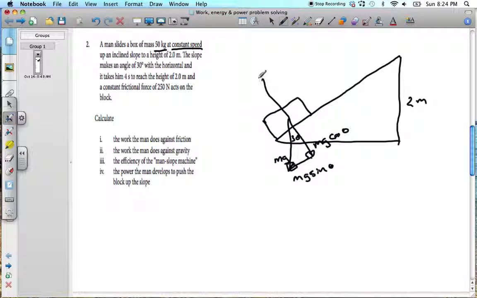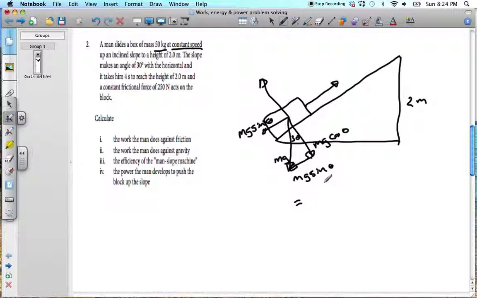So we have that force up like that. Again, I apologize for my diagrams. So we get mg sine of theta acting down in that direction, so we need a force pulling up in this direction. Now this force needs to be equal to mg sine theta.